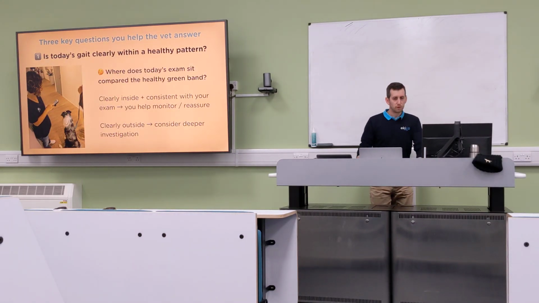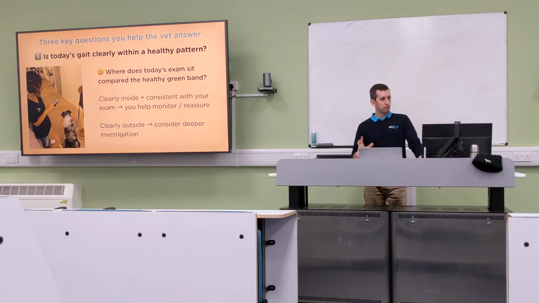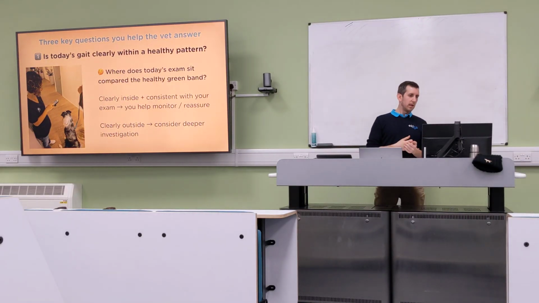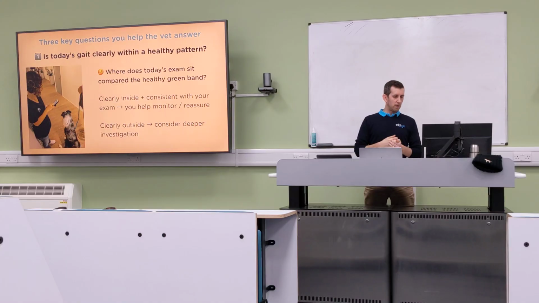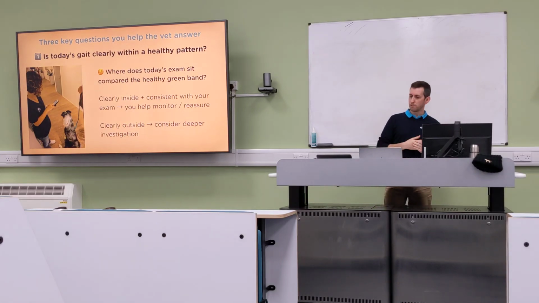So the three questions to finish that we help you answer. It's not a magic number that says this dog is lame, this dog is healthy. It is just something that gives you an indication, and you correlate this with the visual assessment.